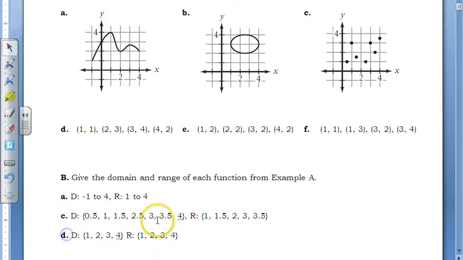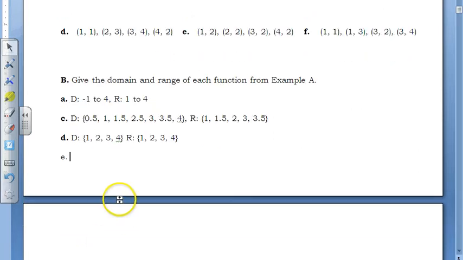D and E have the same domain and range. I can see 1, 2, 3, 4 for the domain again, and oh, I'm lying. Go me. I just looked at the domain. The domain is the same. But the range in this one is actually only 2. Every one of these y's is 2.